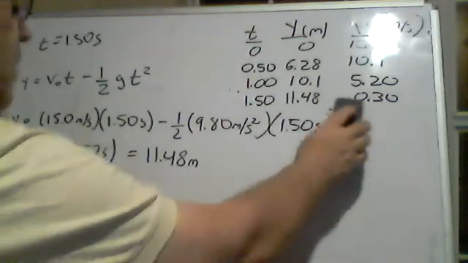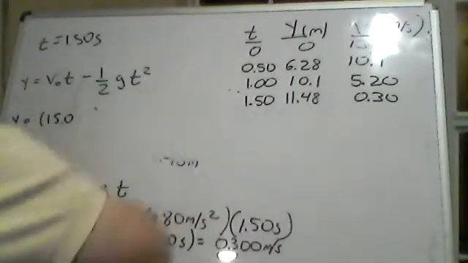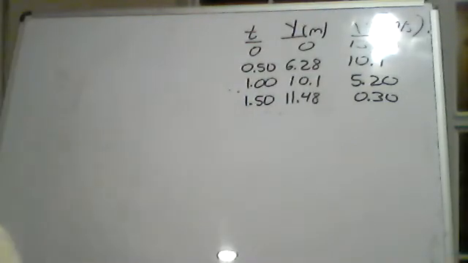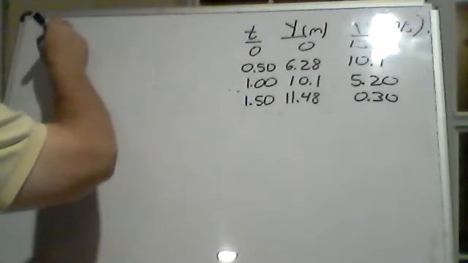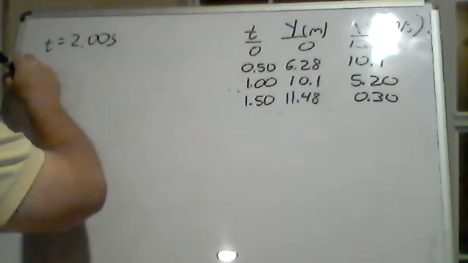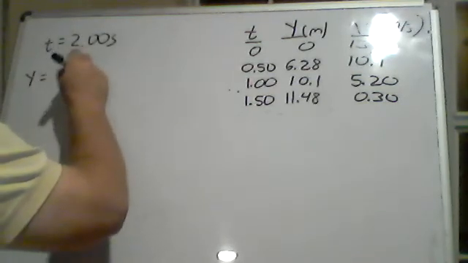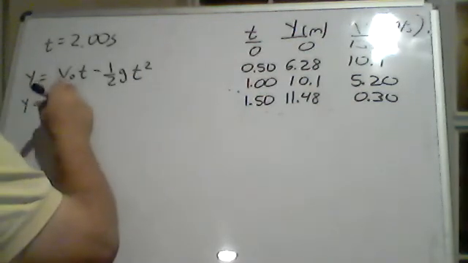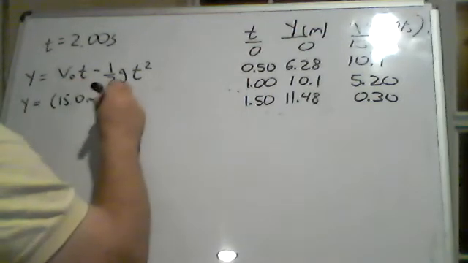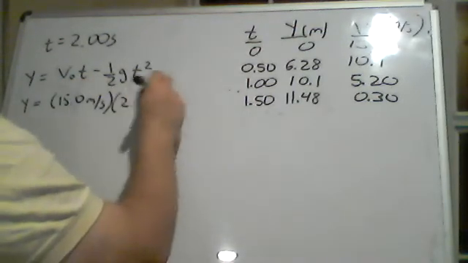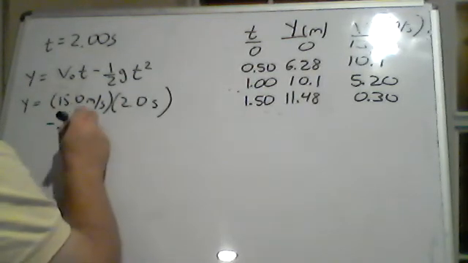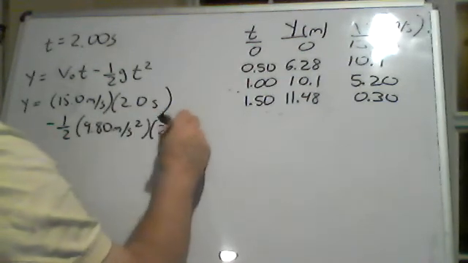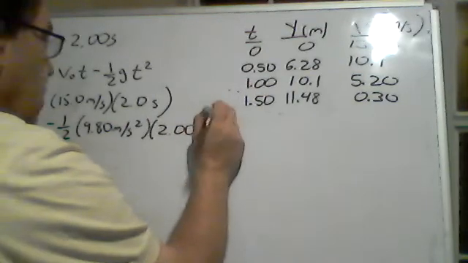Now let's consider one more data point. The point of this is to show you how bodies change in time. The last data point is I'm letting t equal 2 seconds. y is v naught t minus 1/2 gt squared. y is going to be 15.0 meters per second times 2.0 seconds minus 1/2 times 9.80 meters per second squared times 2.00 seconds squared. Again, be sure you square this time.